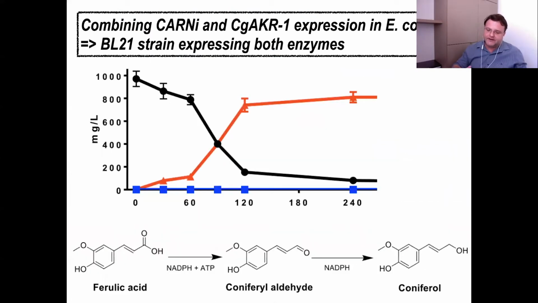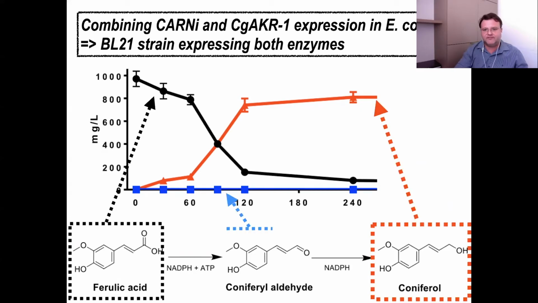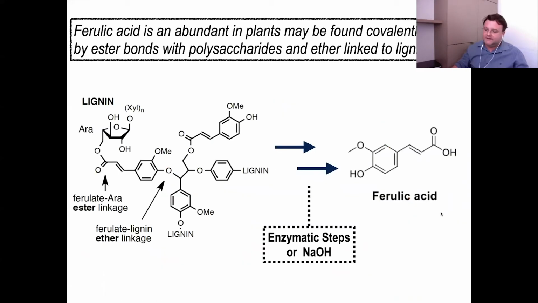We cloned and expressed these two enzymes in E. coli, and this in vivo system was very efficient to convert ferulic acid to coniferol, as you can see in this graph. And the next step was to apply this technology to a real lignocellulosic material.